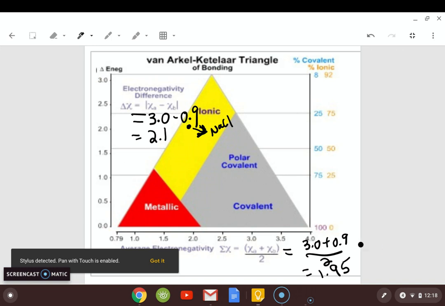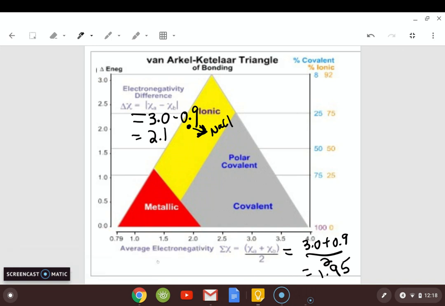And then the average electronegativity I've calculated down below is about 1.95, which you can line up right about here on the x-axis. So my placement of my point for sodium chloride is right about here, which is firmly in the ionic section. So both the electronegativity difference and the average electronegativity help me to see that the compound is designated as ionic. So that's how you're going to do one of the activities for your assignment this week.